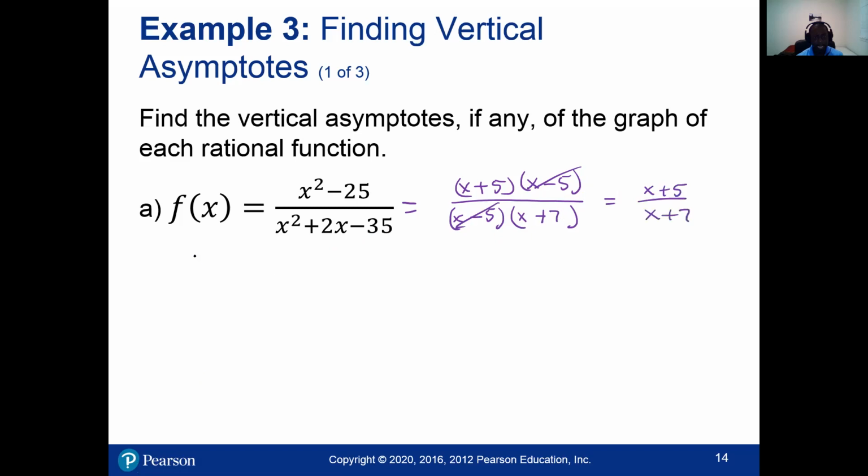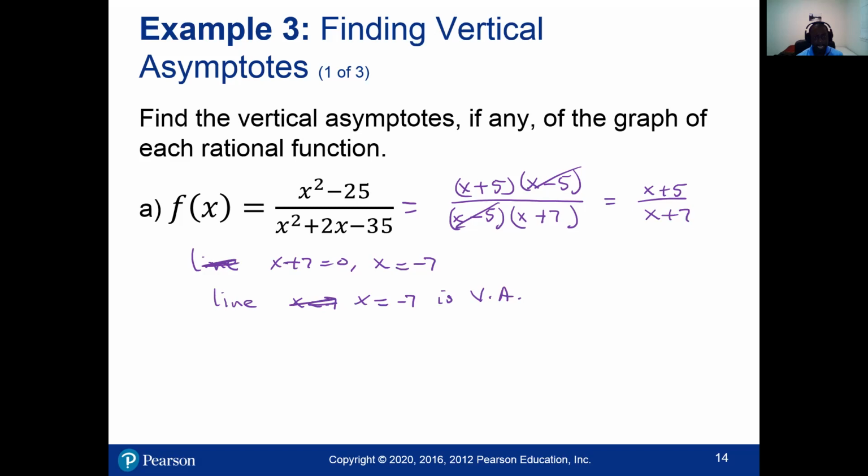And so you're going to first set the x plus 7 to 0. You have x equal to negative 7. So you say that the line x equal to negative 7 is the vertical asymptote. I use VA for that. Okay, there's a vertical asymptote for this function.